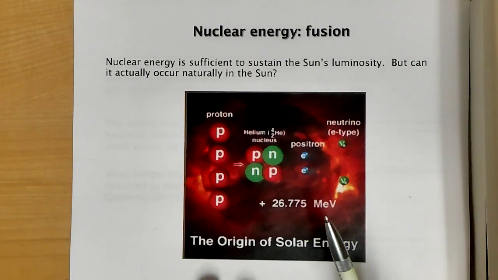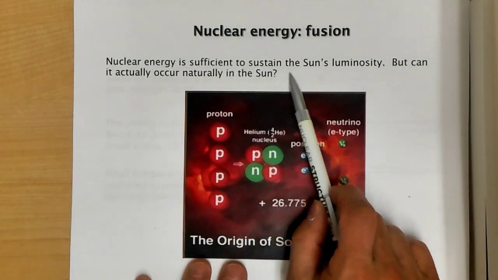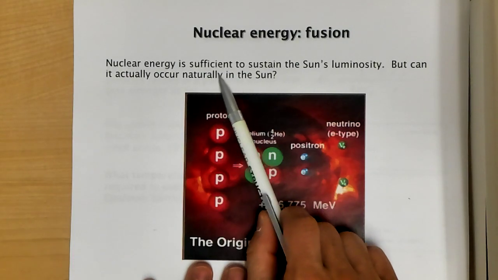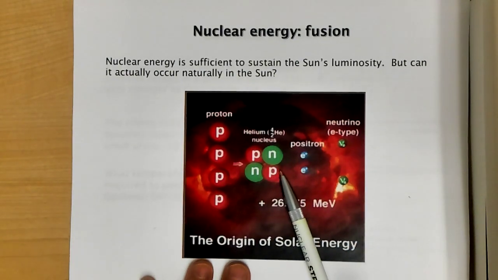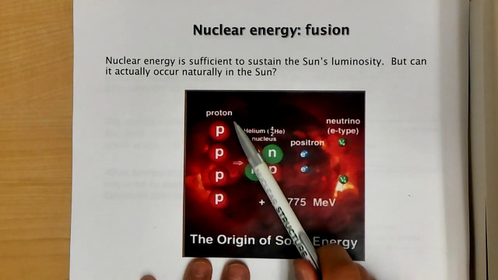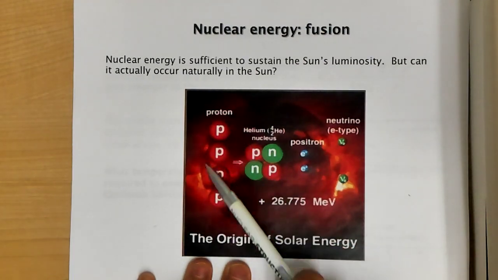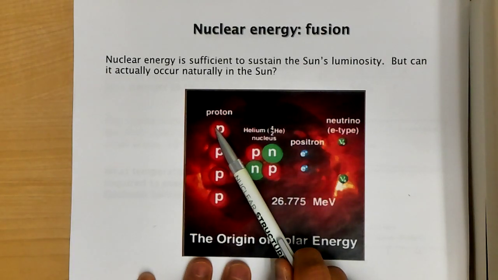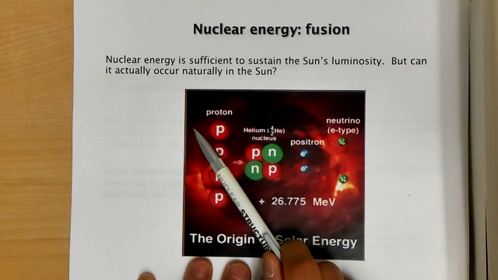So we found that nuclear energy is sufficient to sustain the sun's luminosity, but can it actually happen in the sun? What's the mechanism through which this happens? In the sun we start off with a lot of hydrogen, and a hydrogen atom is a proton with an electron.